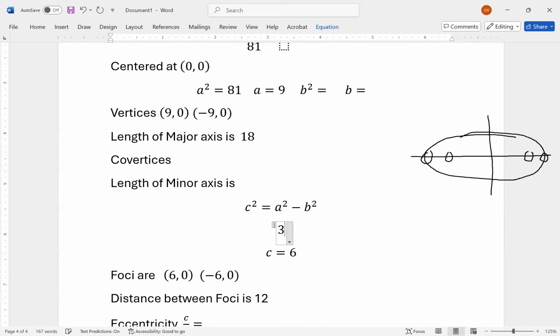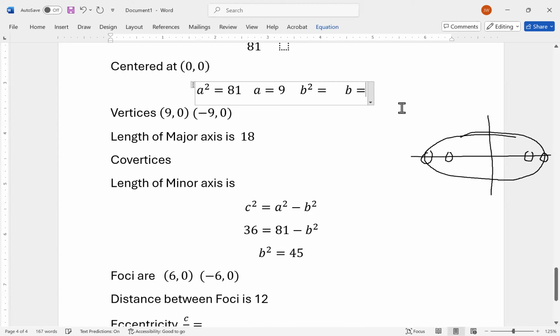So in my case, 36 is equal to 81 minus b squared. 81 minus 36 is 45. And then if I add b squared to both sides, I get b squared is equal to 45. This is if I subtract 36 and add b squared. So b is equal to the square root of 45.